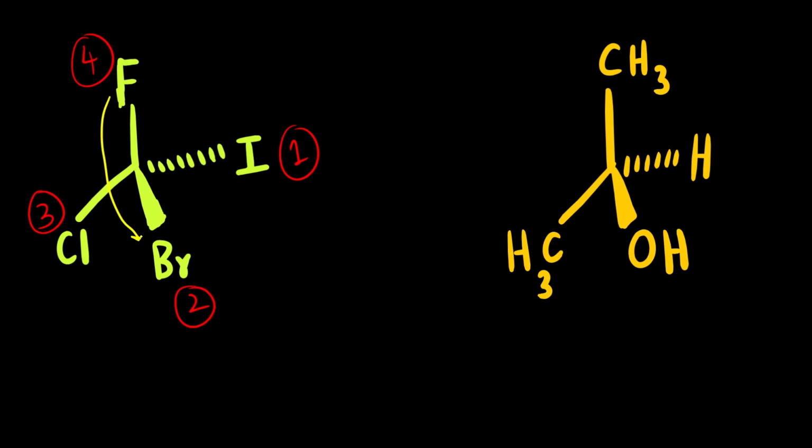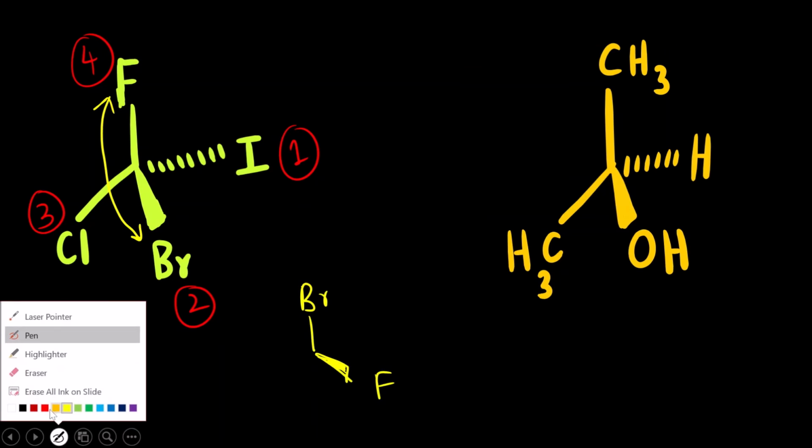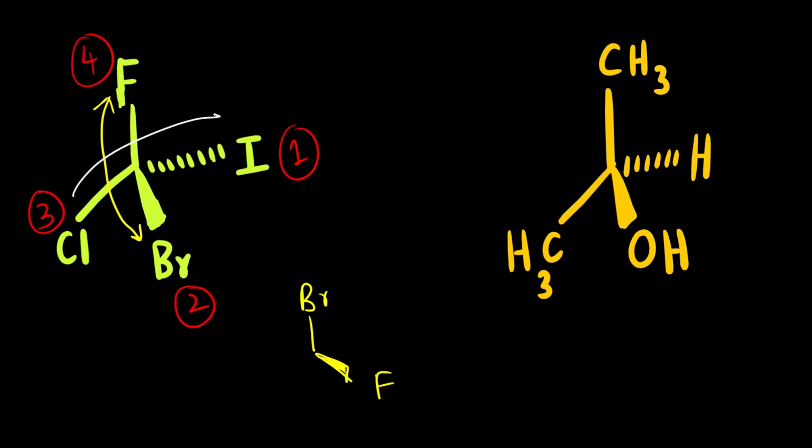Suppose I interchange fluorine and bromine, so bromine, then above the plane I have fluorine, and I will interchange chlorine and iodine. Chlorine and iodine.